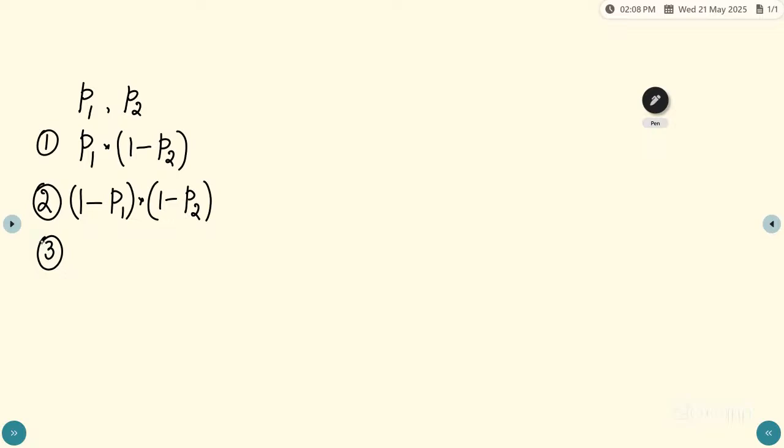How will you get it? 1 minus of 1 minus P1 into 1 minus P2. Okay, 1 minus not happening both gives you the probability of happening at least one of the events.